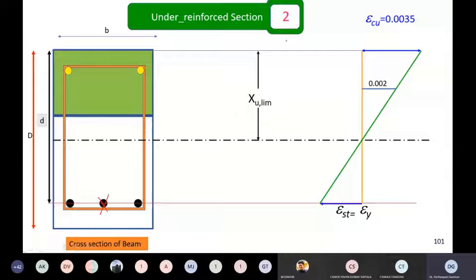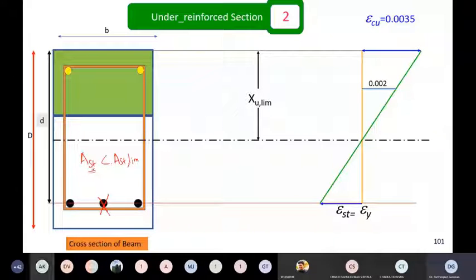For AST limit, am I providing AST less than AST limit or not? Because for AST limit, I provided 3 number of rods. Now I have removed one of these rods, so I am providing only 2 rods. So AST will be less than AST limit, isn't it?